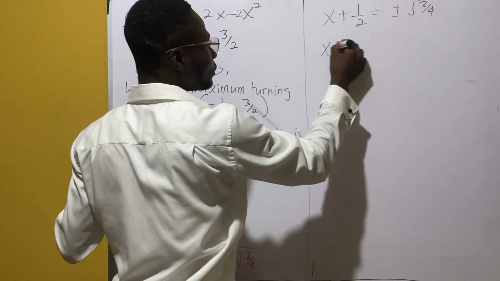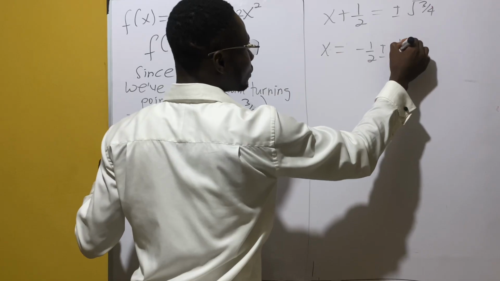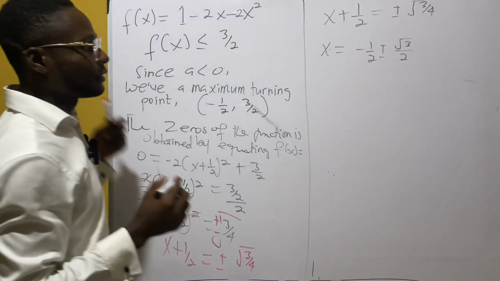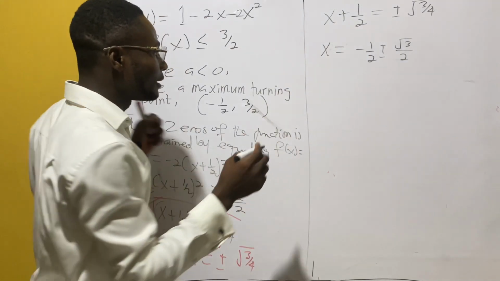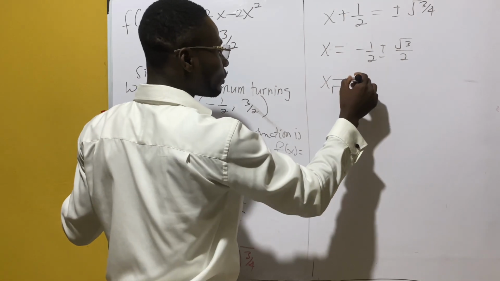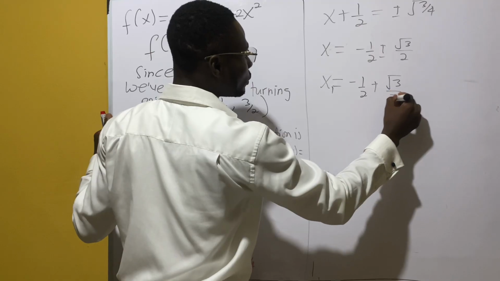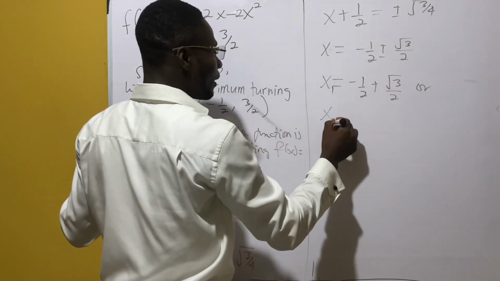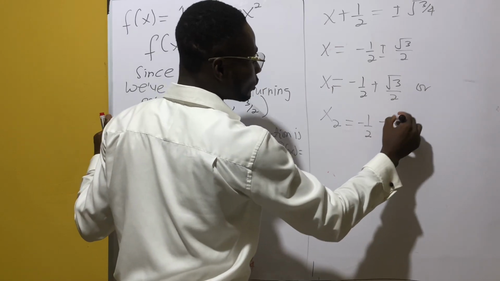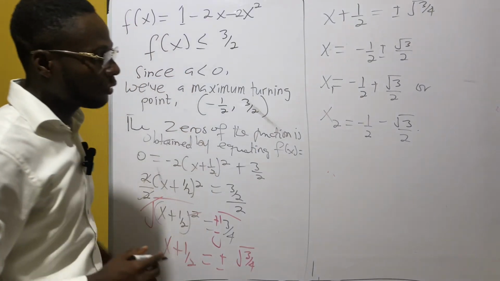You know that x will be equal to minus half plus or minus square root of 3 on 2, right? So we can easily say that our value of x1 is equal to minus half plus square root of 3 on 2, or our x2 is equal to minus half minus square root of 3 on 2, right?